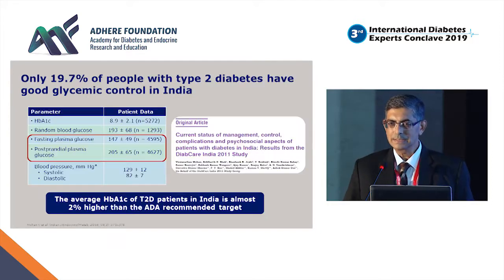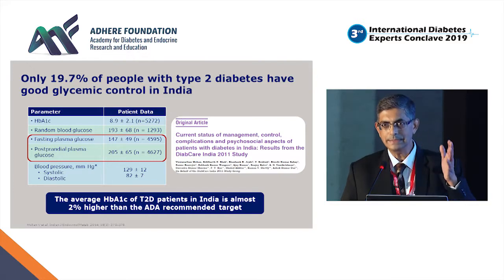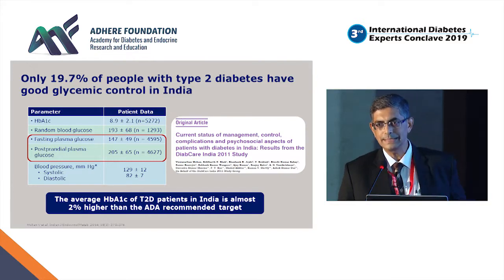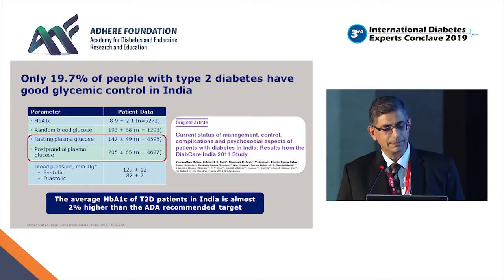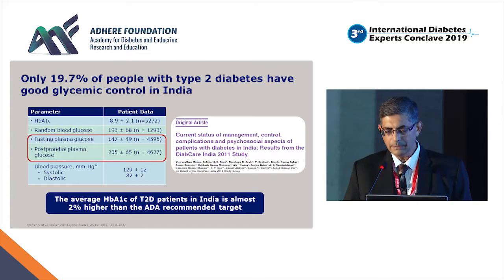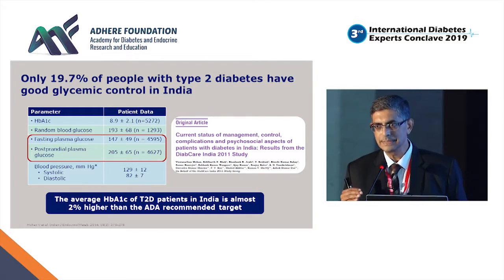But the reality in India is that although the enhanced study, even in developed countries, showed that less than 50% of the patients were really achieving the target goals, the scenario in India is much grimmer. If you look at what the DiabCare study showed, and this was done by a lot of stalwarts from India, including V. Mohan, Shashank Joshi, and so many other good people, we found the average goals that our patients achieve.